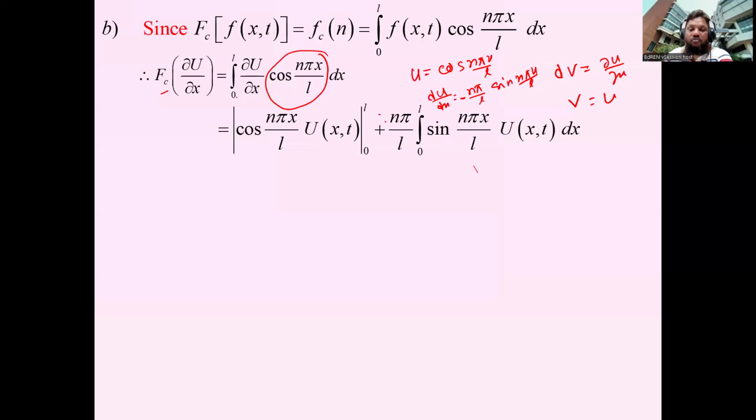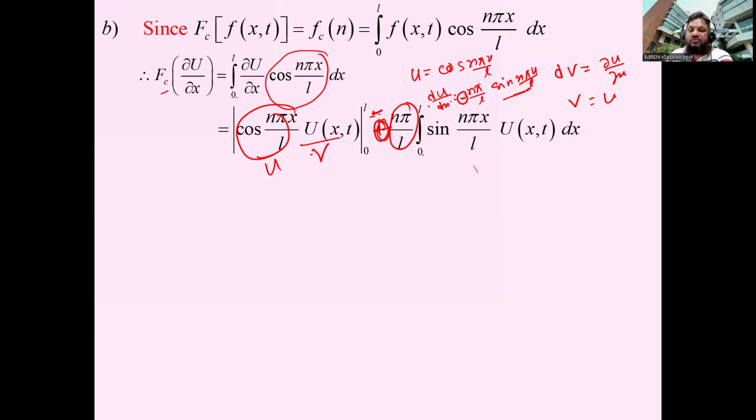From the formula, negative plus negative will be positive, so we write a positive sign. u is this value and v is this one. The negative sign multiplied by negative becomes positive, so we write a positive sign, and n pi by L is here, from 0 to L.